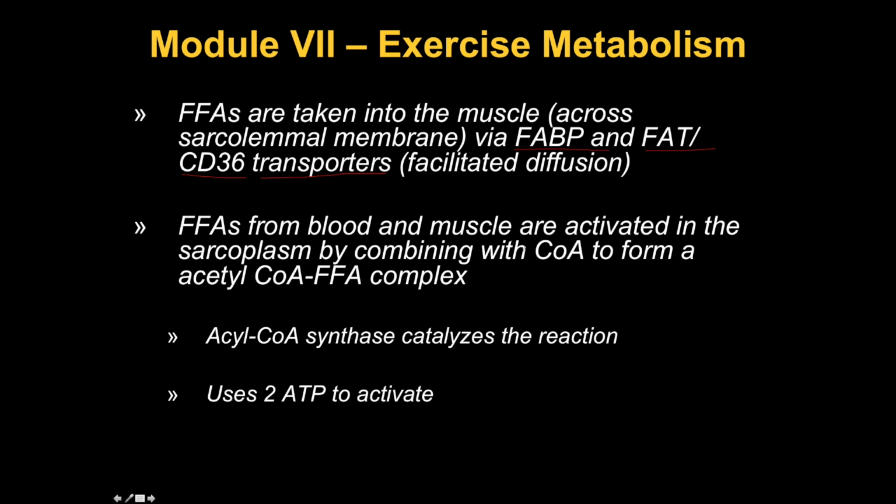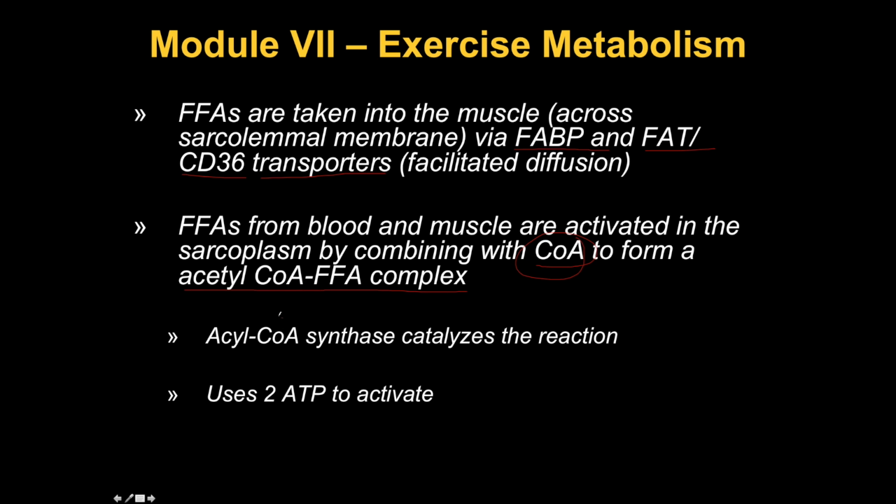They are also going to be activated by tacking on a coenzyme A to form this acyl-CoA free fatty acid complex. So once we have them in the sarcolemmal membrane, then we're going to activate them by tacking on this CoA so that we can internalize them across the outer mitochondrial membrane and into the inner mitochondrial membrane.